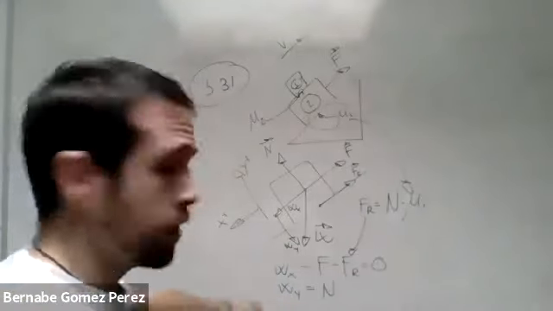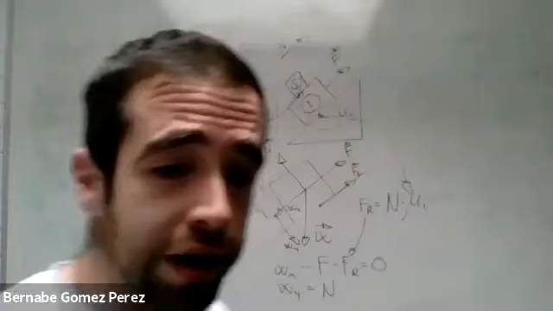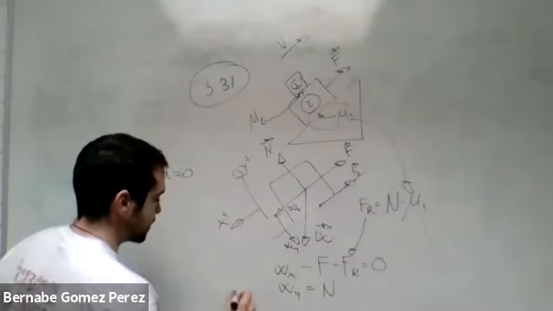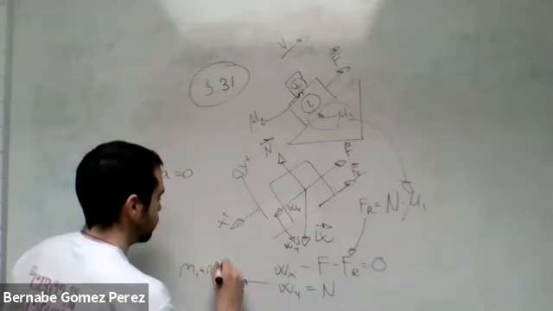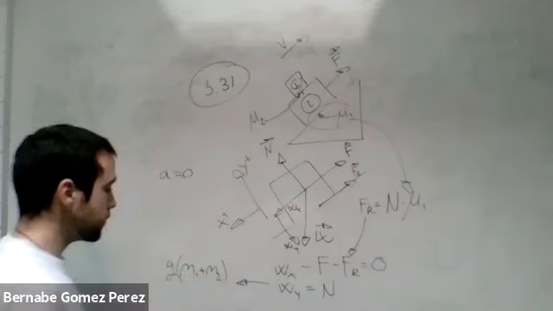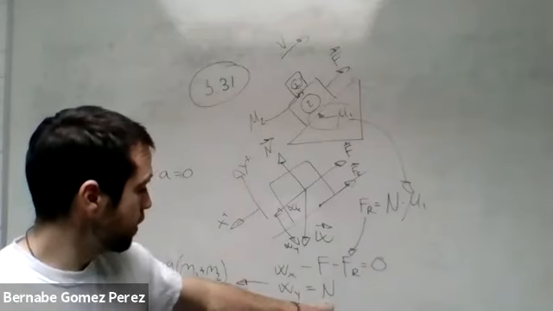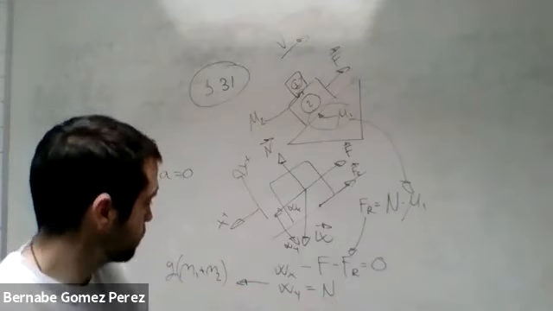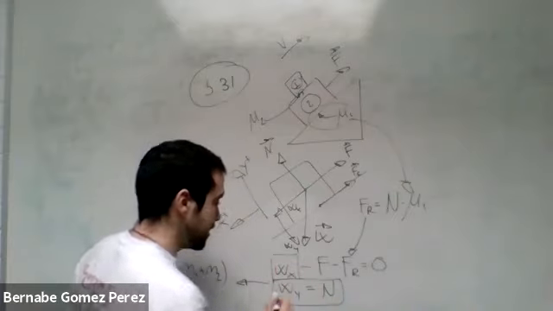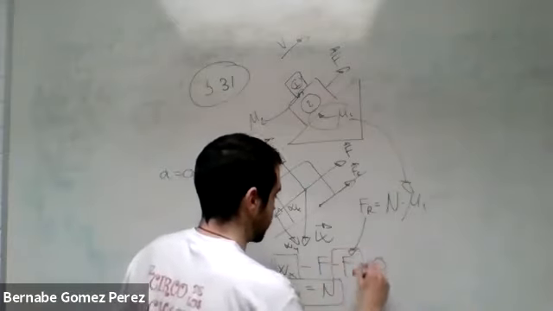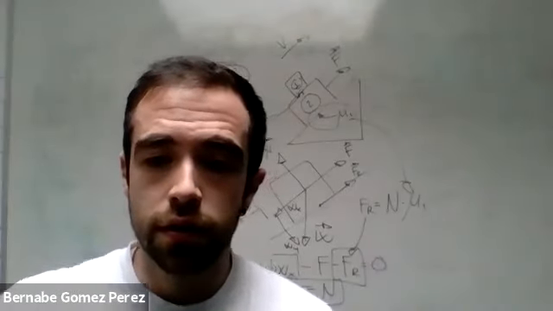We have the weights: (M1 plus M2) multiplied by g. We have the normal force, so we can obtain the normal force, Fx, and the friction force. So we can obtain F, everything here. Okay, guys?